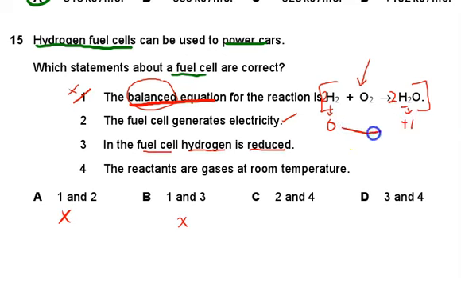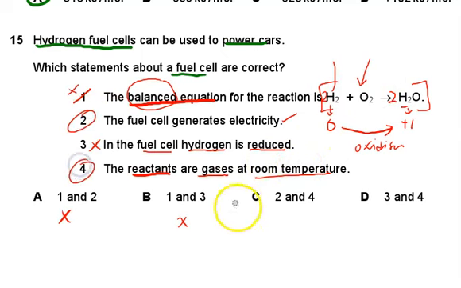So which means it is being oxidized. So number 3 is wrong. And look at number 4. The reactants are gases at room temperature. Yes, hydrogen and oxygen, they are gas at room temperature. So your answer here will be 2 and 4, which is C. This is for number 15 here, guys.